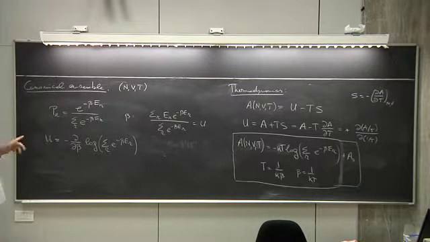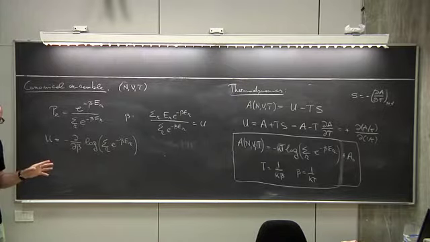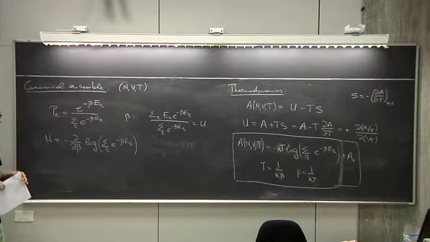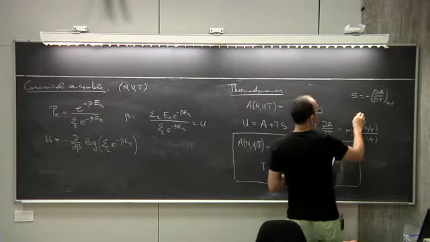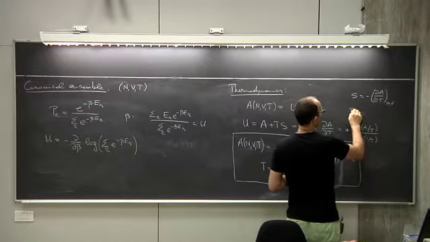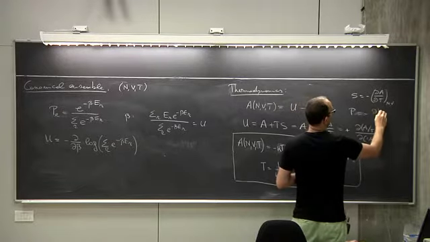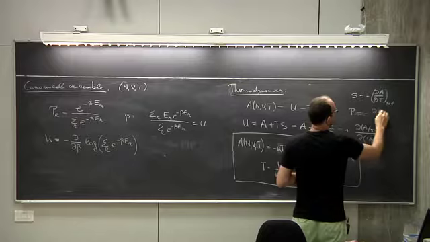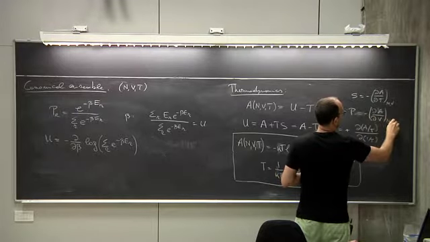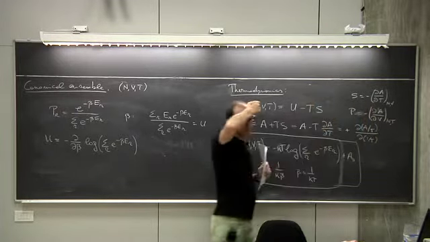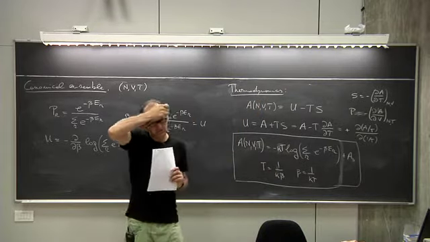So imagine that now I want to do a transformation where I change the volume. From thermodynamics, I know that the change of Helmholtz free energy with respect to the volume, at constant N and T, will give me the pressure. Okay.